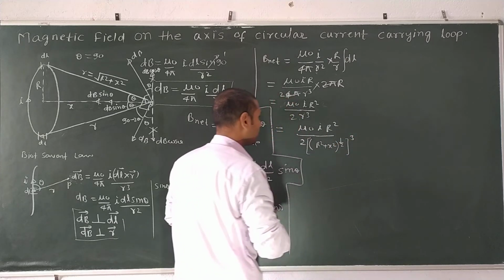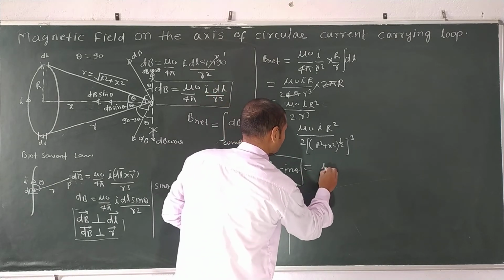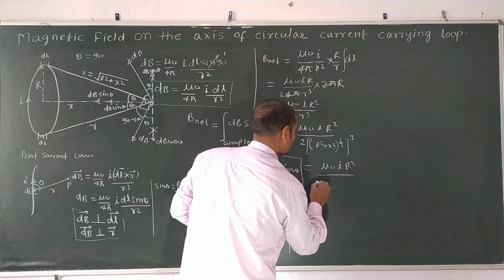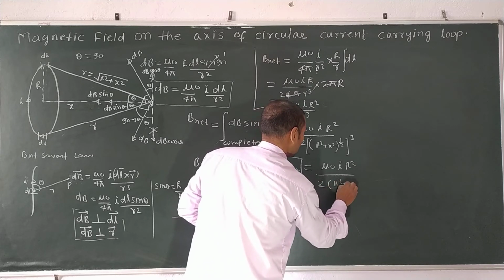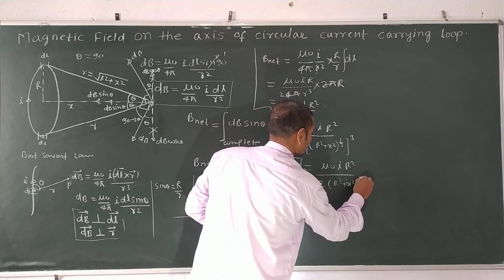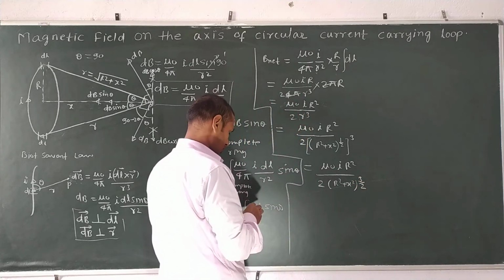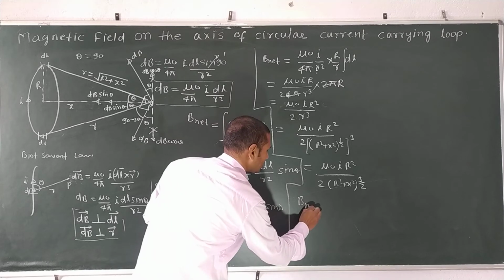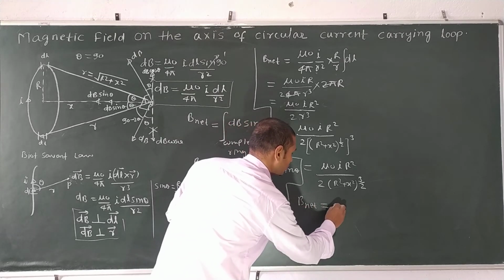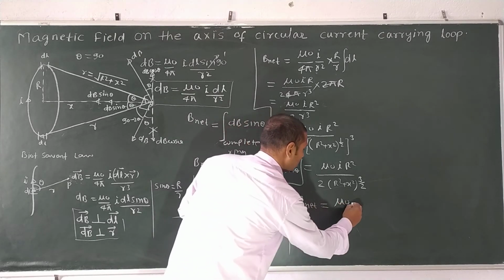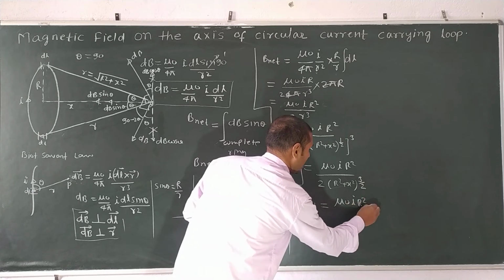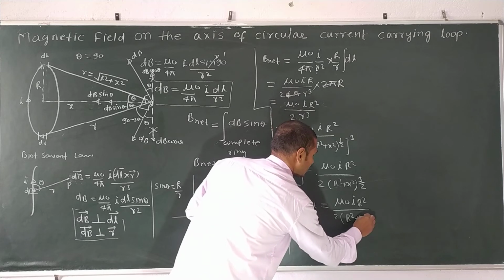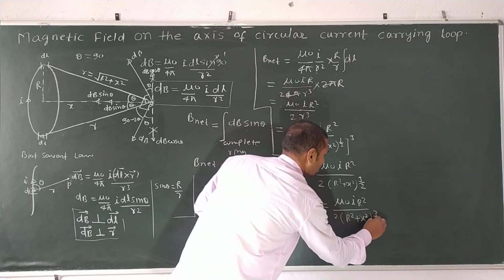So we write here 3, and we get μ0 I R² divided by 2 (R² + x²)^(3/2). So the magnitude of B net is equal to μ0 I R² divided by 2 (R² + x²)^(3/2).